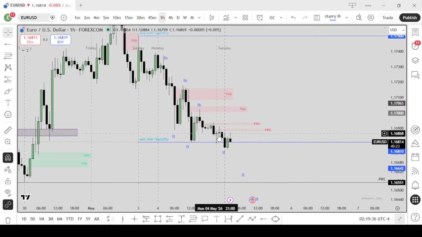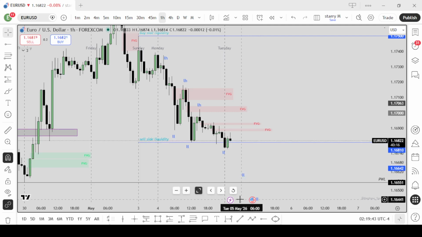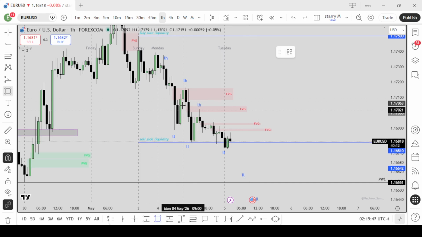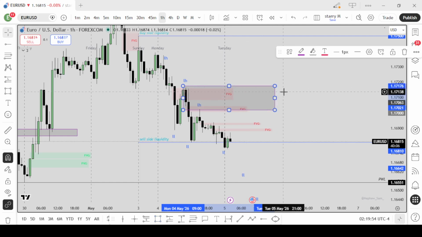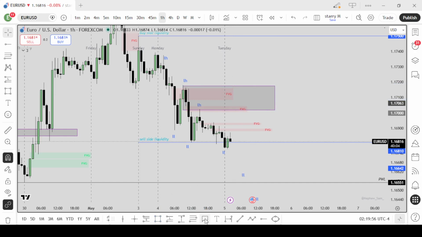So if this is our indication, we expect a correction and then a continuation. So our current areas of interest, my first area of interest will be this, and this.